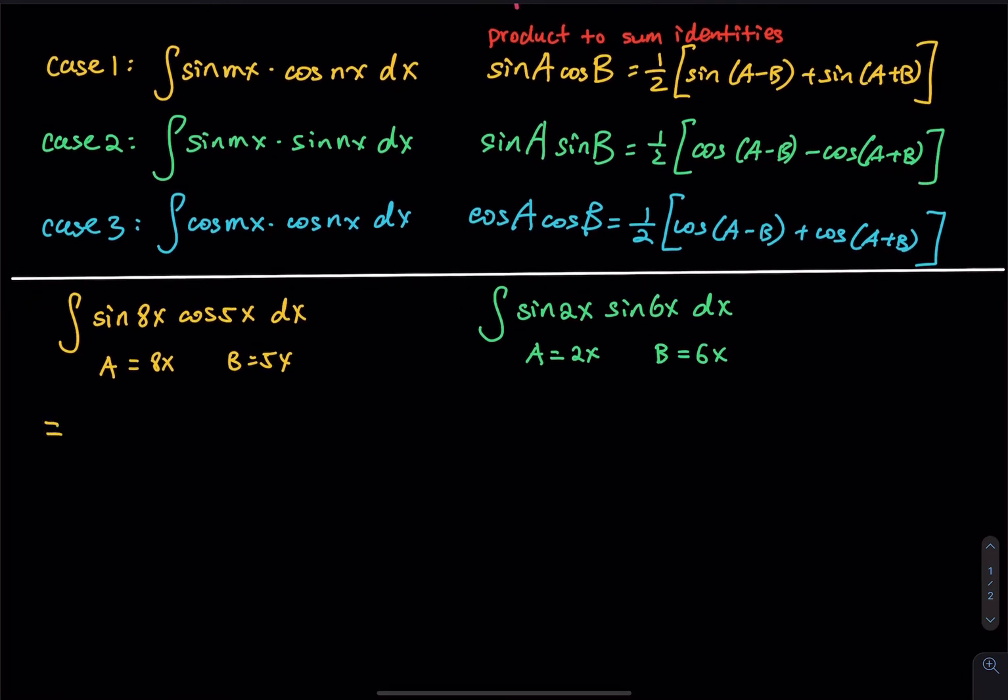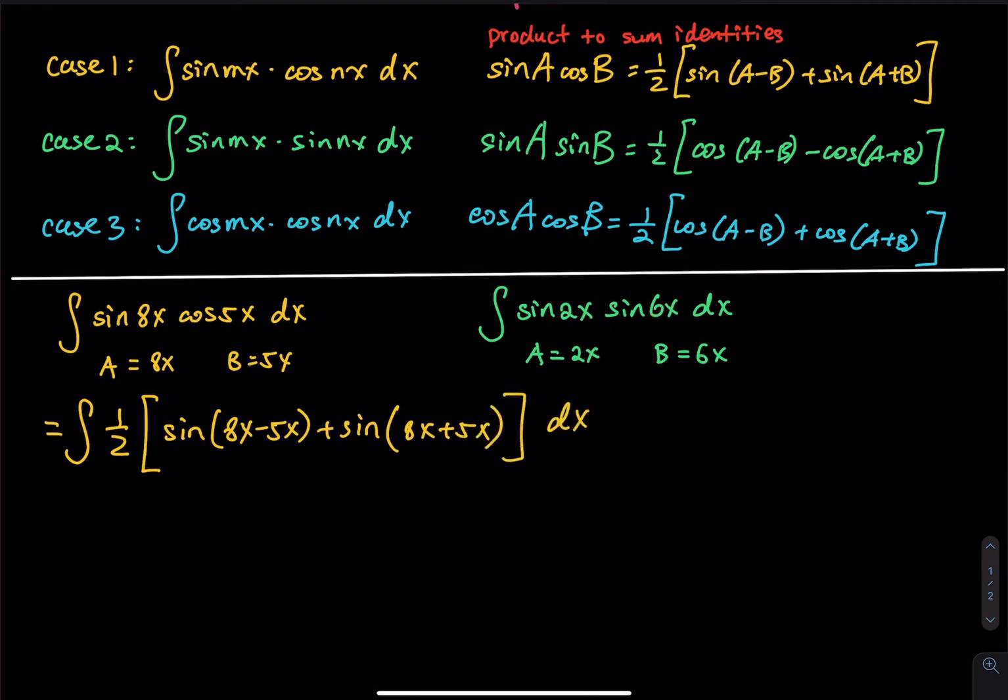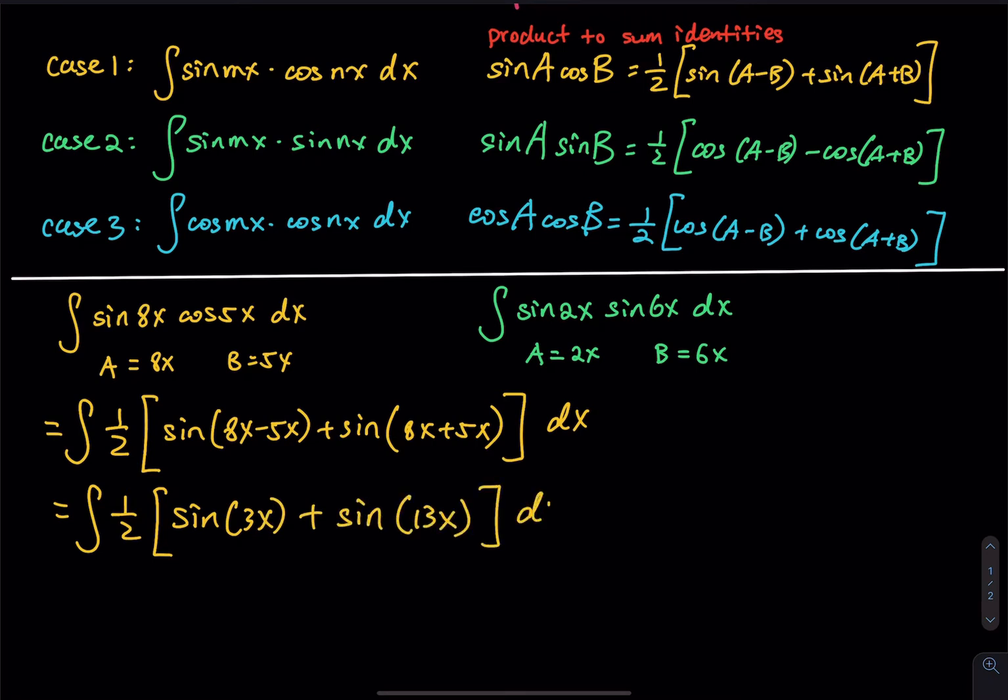That is equal to the integral of 1/2 times the bracket sine of (5x minus 8x) plus sine of (5x plus 8x), dx. Then you perform the minus and the plus. That is 1/2 times sine of negative 3x plus sine of 13x, dx.